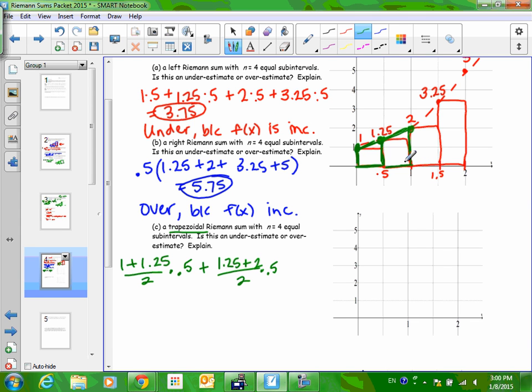And even as I draw this, you can kind of tell that the trapezoid is giving me a more accurate answer. It's following the curve better. Not exactly, but better. Okay, the third one. What two numbers are you averaging for the third one? 2 and 3.25.